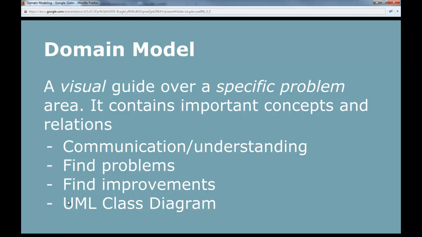So we don't just need to understand computers and computer science, but we also need to understand some other problem area, because we need to help them to get better, to get more competitive, to save money, to change their business. And this is a challenge. And the domain model is a tool to help you understand new problems.